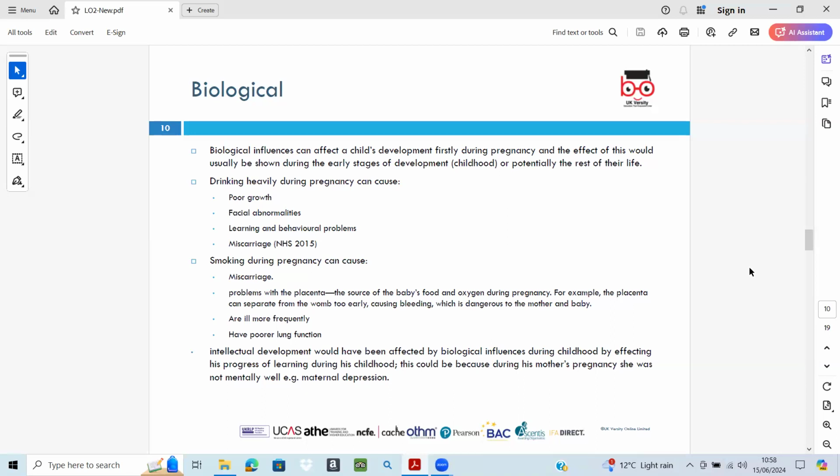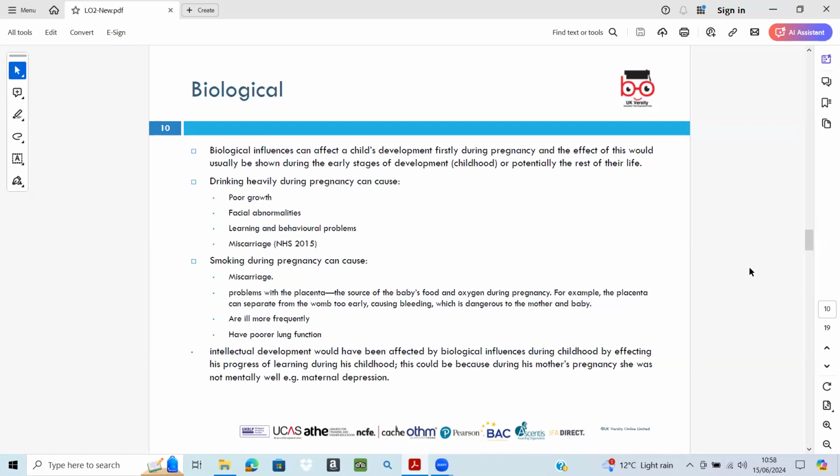Then we have frequent illnesses. Children born to mothers who smoke during pregnancy may be more prone to infection due to a weaker immune system. Then we have proper lung function.